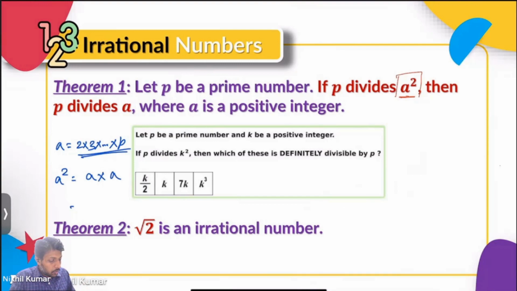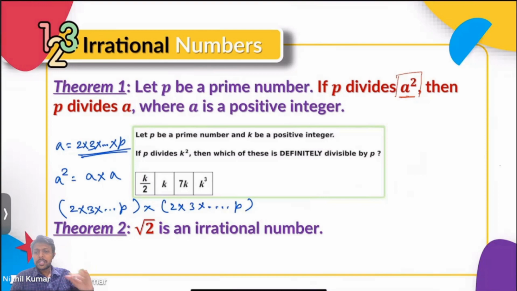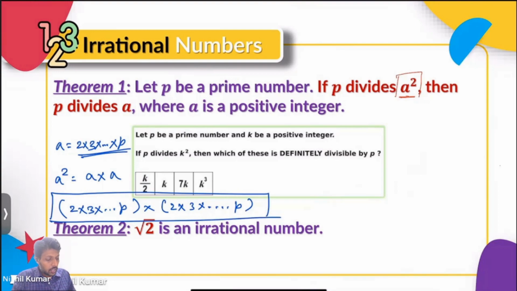So 2 into 3 and so on till P multiplied by 2 into 3 and so on till P. The theorem is saying if P is dividing this quantity, which is A square, that means P must be dividing A also.